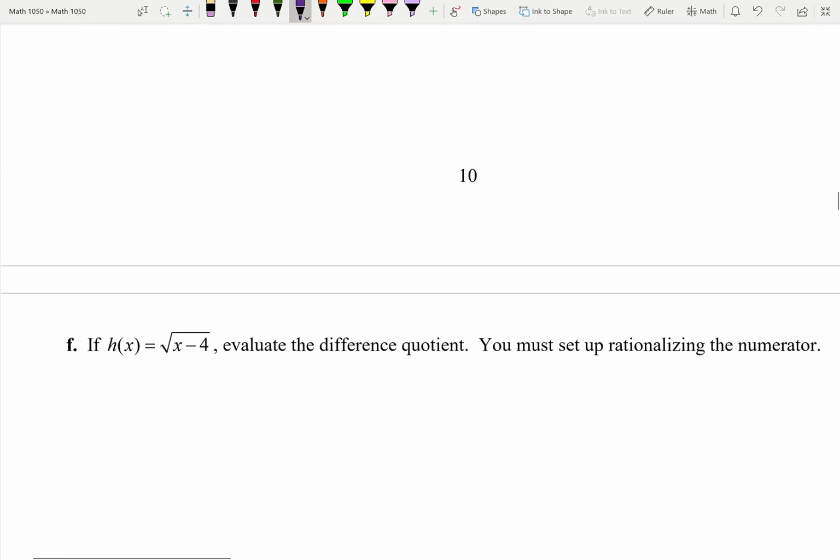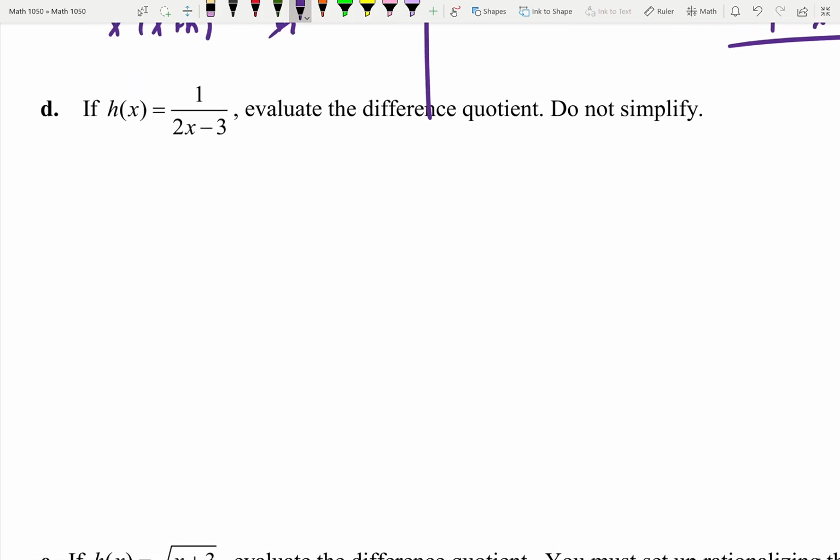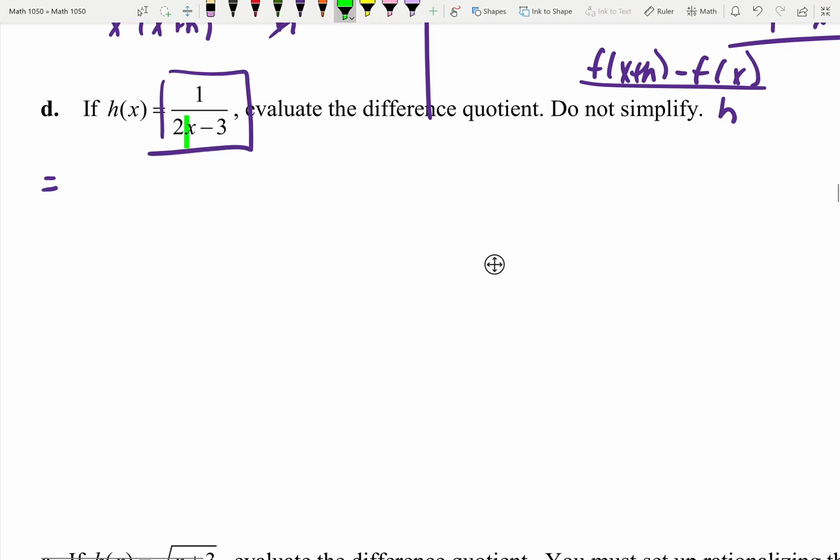All right, let's go back to D. Find the difference quotient, okay? So here's your equation, f of x plus h minus f of x divided by h. So go right here, and where you see an x, put in x plus h.